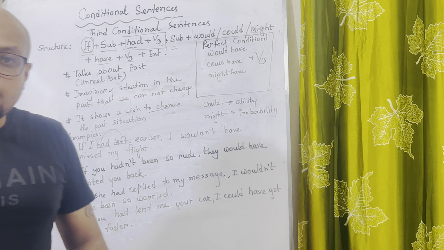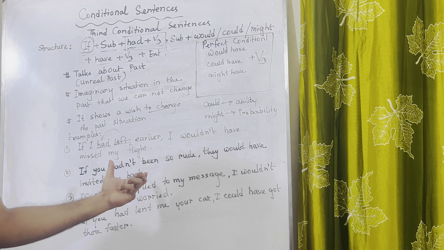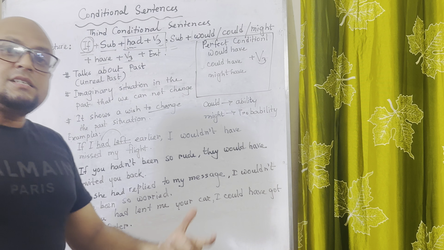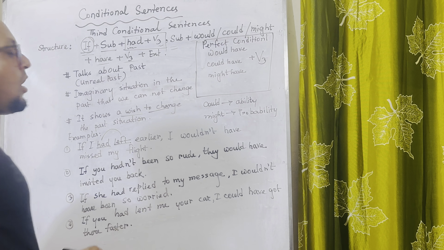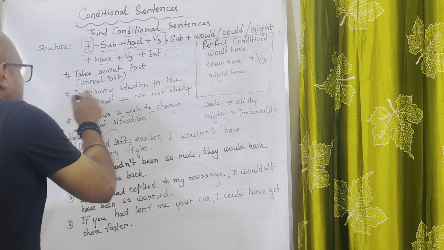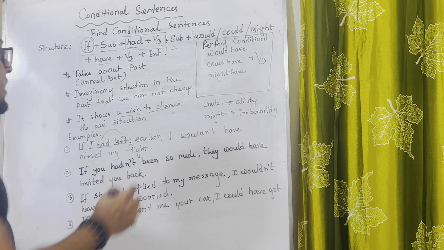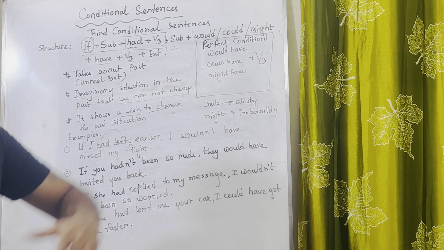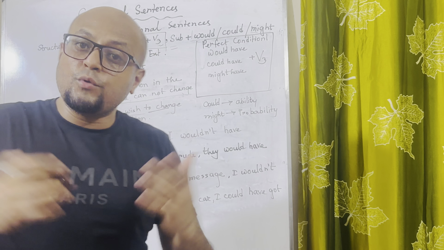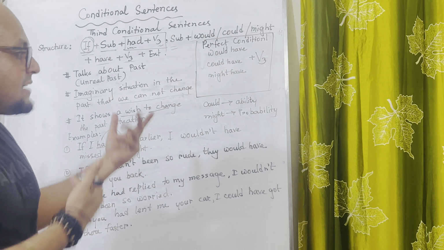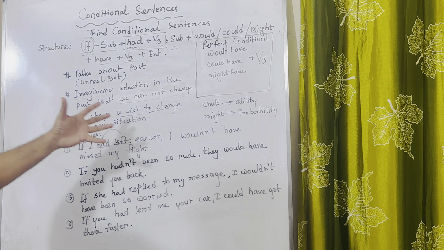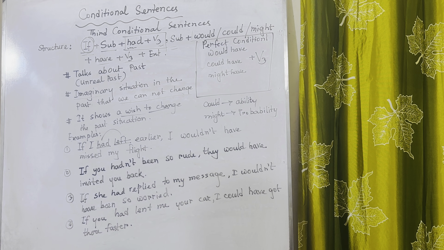So here the situation already happened, but the speaker is imagining the situation if he could change his past. And we all know that we cannot change the past. So that is the reason we can use third conditional sentences.